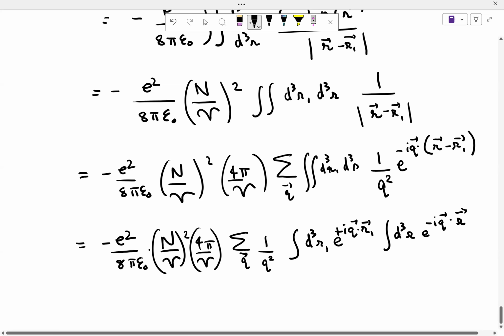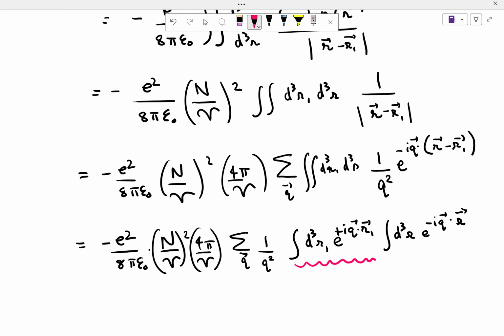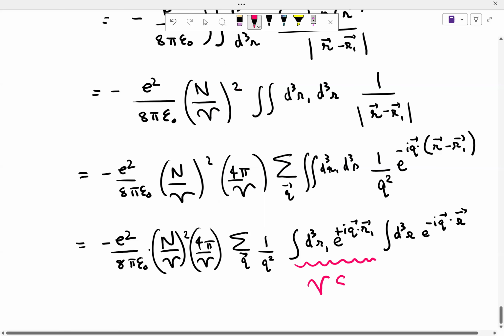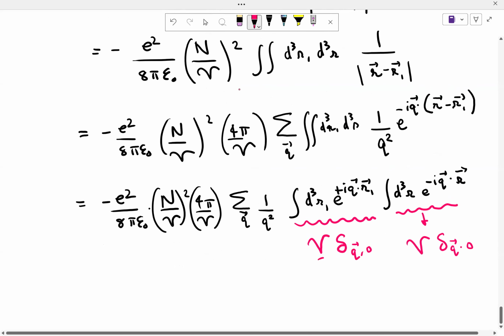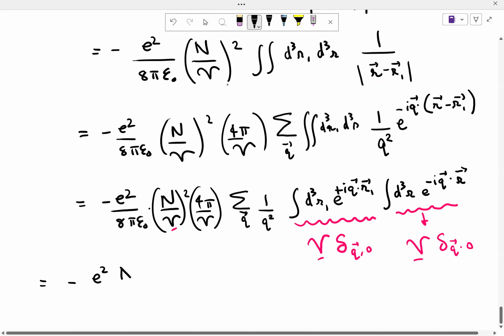Okay, so if you notice, if I look at this term, this is v into the Kronecker delta q dot 0. This is another v, Kronecker delta q dot 0. So there's a v here and a v here and a v square here, and some cancellation occurs: minus e square n square over 8 pi epsilon naught, 4 pi over v.